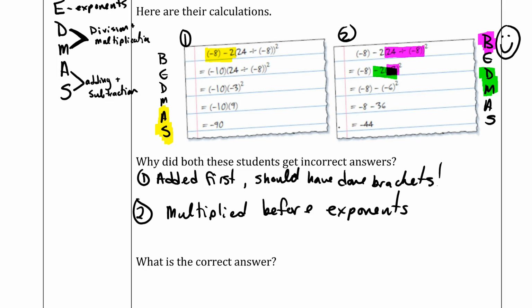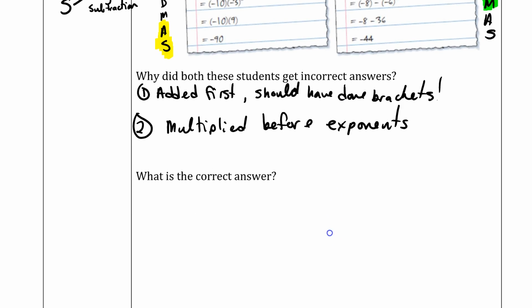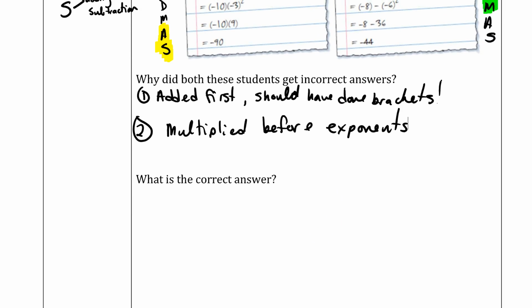So you can see you can get a very different answer depending on how you choose to do the question. And honestly, in this circumstance, there is only one correct answer. Maybe you take a little bit of a different route to get there, but there is only one correct answer. So what is the correct answer? I'm going to be a good little student. -8 minus 2 times 24 divided by -8.